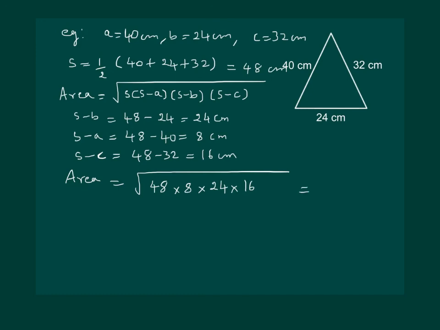After calculations, we find the value as 384 centimeters square. So we have seen how to apply Heron's formula and calculate the area of any triangle. Now let us take up some more examples.